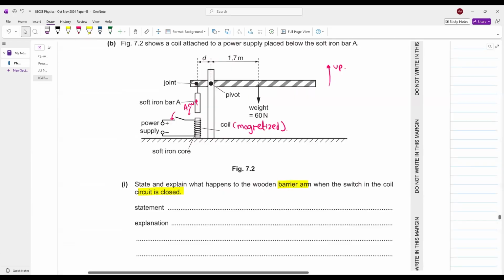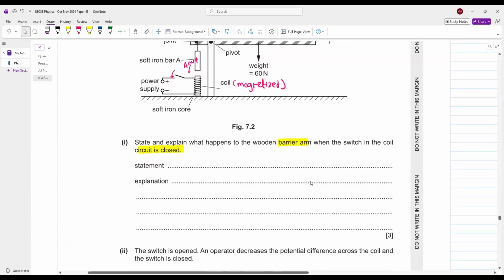So state and explain what happens to the wooden barrier arm when the switch in the coil is closed. So arm ko kya hoga? What will happen to the wooden barrier arm? The wooden barrier arm moves upward, or you can say rotates anti-clockwise. And what will be the explanation for this?